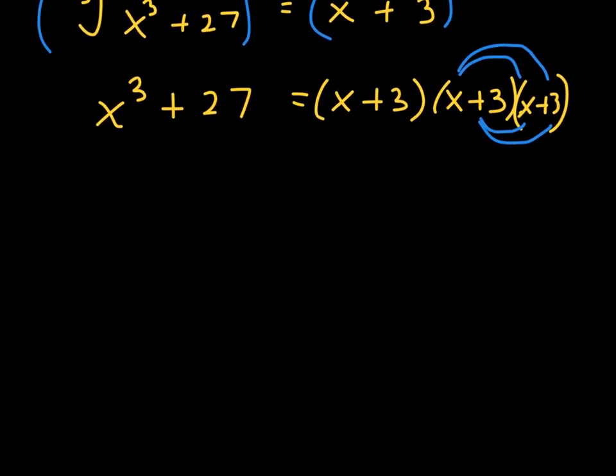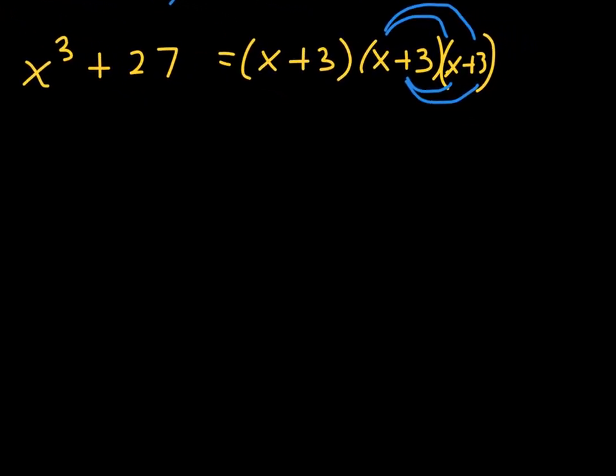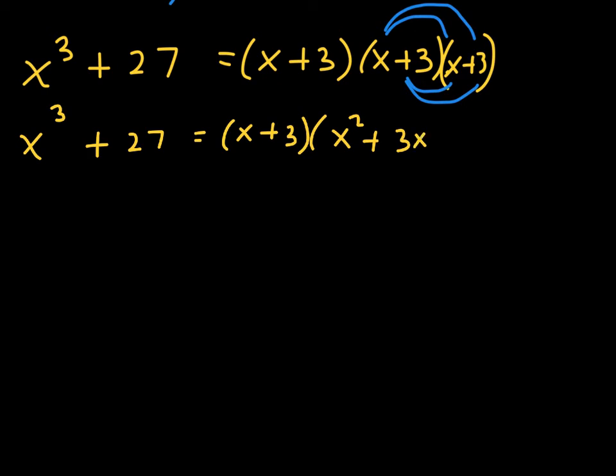So multiplying the two binomials on the back end there will give you the following. The left-hand side is what it is. This binomial is still there. All right, here we go. X squared plus 3x plus another 3x plus 9. That's foiling, by the way. Some people know it as foiling.